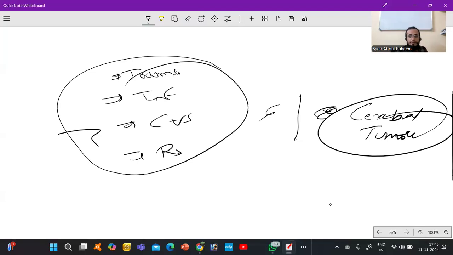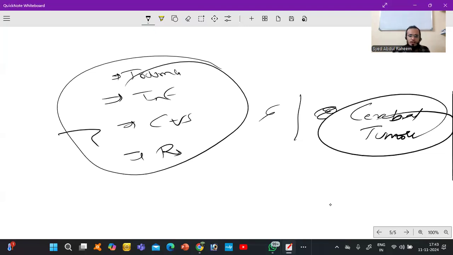Most of the people have a cerebral tumor, which attacks the part of the brain and increases the electrical stimulation.